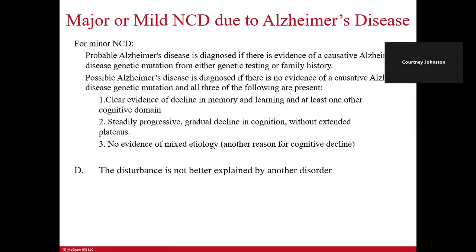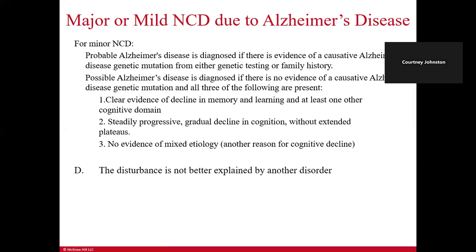Okay, for minor neurocognitive disorder, probable Alzheimer's disease can be diagnosed if there's evidence of a causative Alzheimer's disease genetic mutation, like we talked about. And again, this is if you have minor neurocognitive disorder. And then also it could be possible if there's no evidence of this mutation, but there's a decline in memory and learning, and there's this decline in cognition, and there is no evidence of something else possibly causing this.